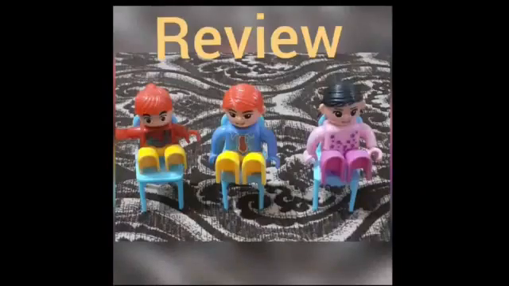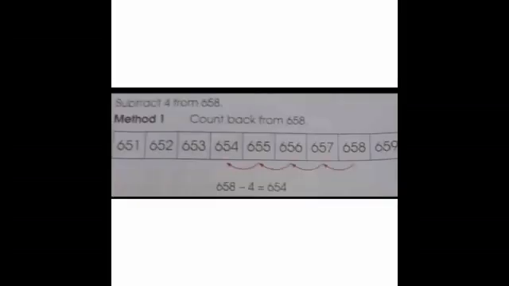Students, let's take a review. You have learned subtraction without regrouping and subtraction with regrouping. There are two methods for subtraction without regrouping. In method number 1, you have learned subtraction, how you can find the answer by backward counting.